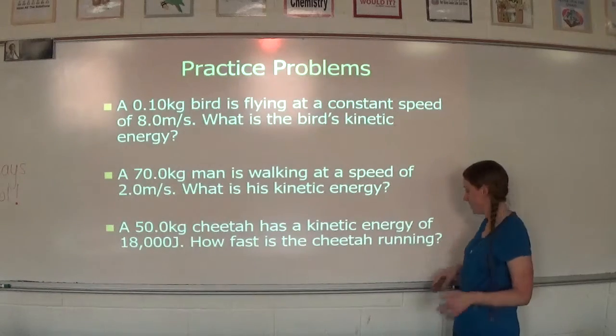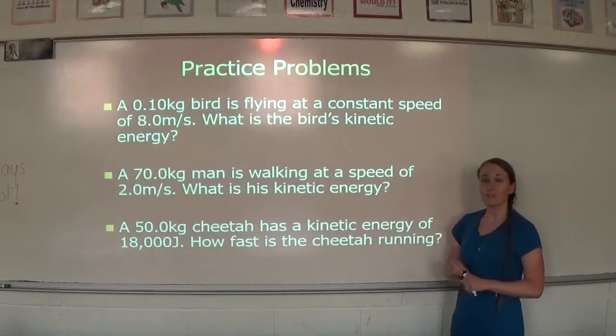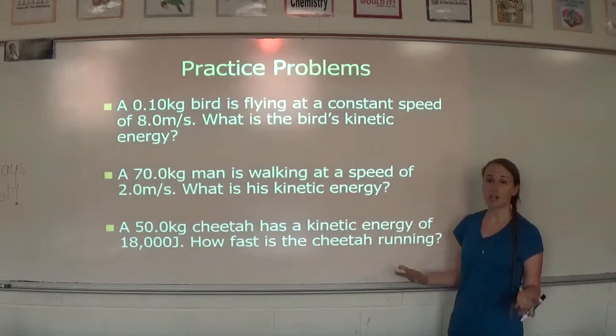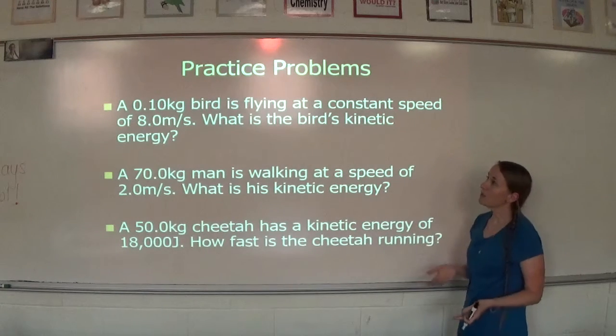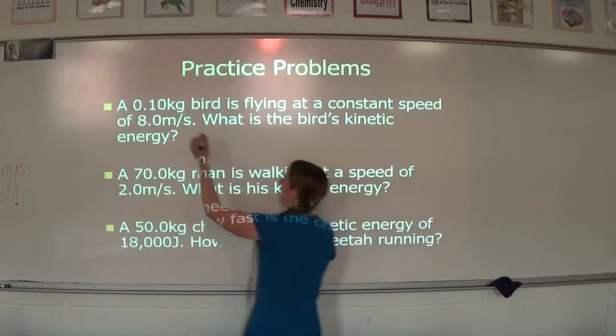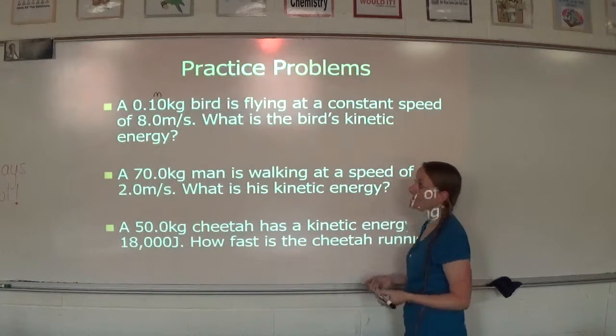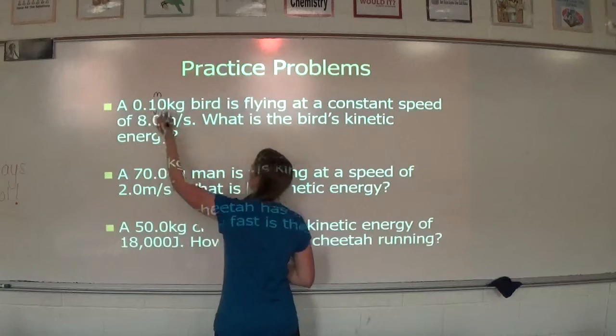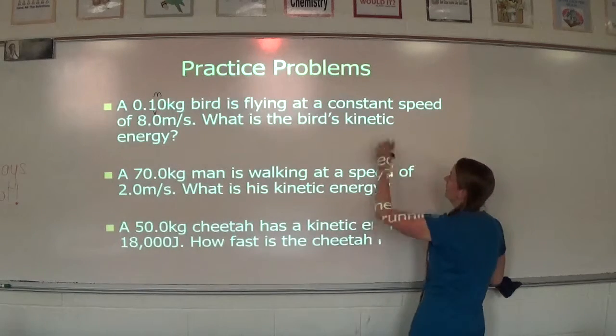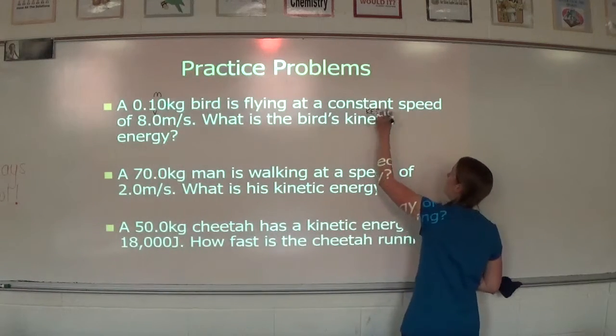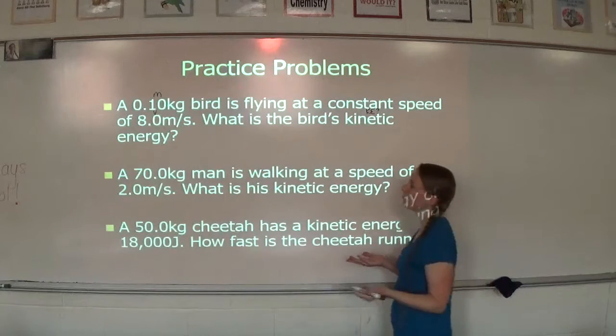Let's look at some examples together. We'll do the first one together and then maybe pause it and you try the second two. It says a 0.1 kilogram bird, so there is our mass, is flying at a constant speed of 8 meters per second. So there's my velocity. What is the bird's kinetic energy? I'm looking for my kinetic energy, so I don't need to rearrange my formula at all.